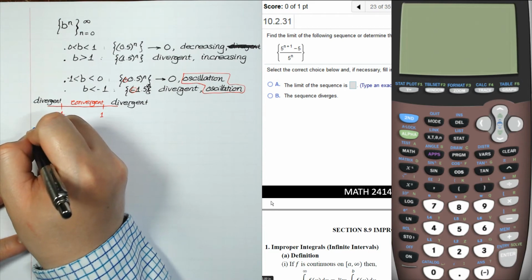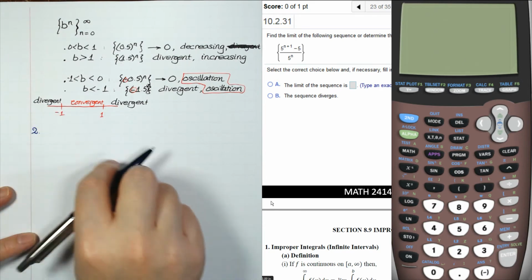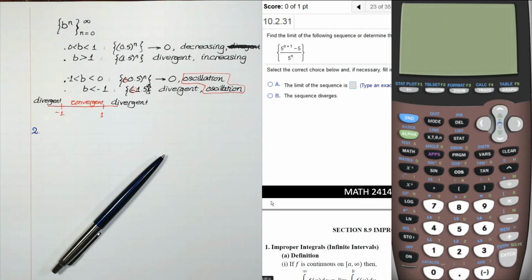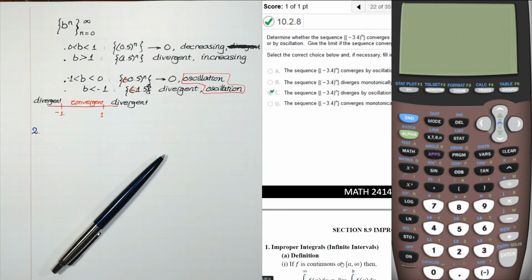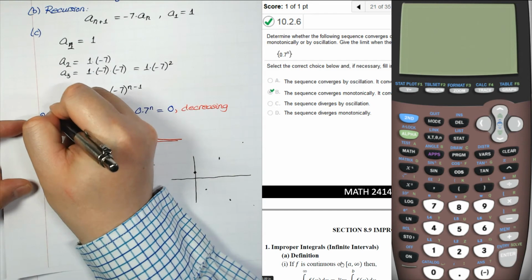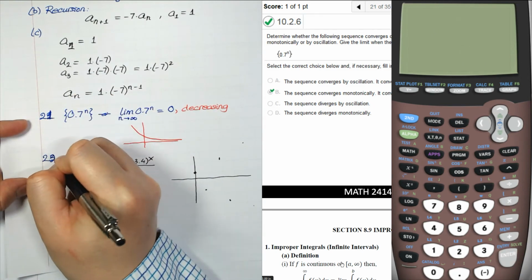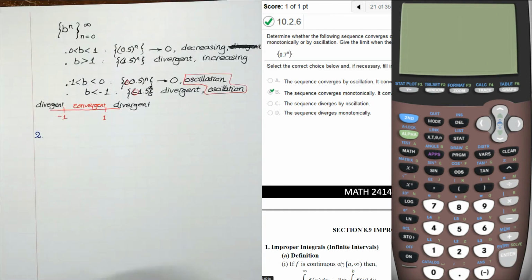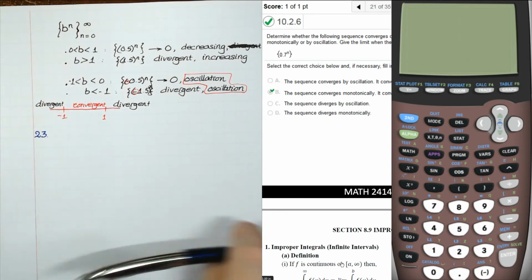Next, this one is 23. Wait a minute, I named the number wrong. This is 21 and 22, sorry. Now we'll go to 23.